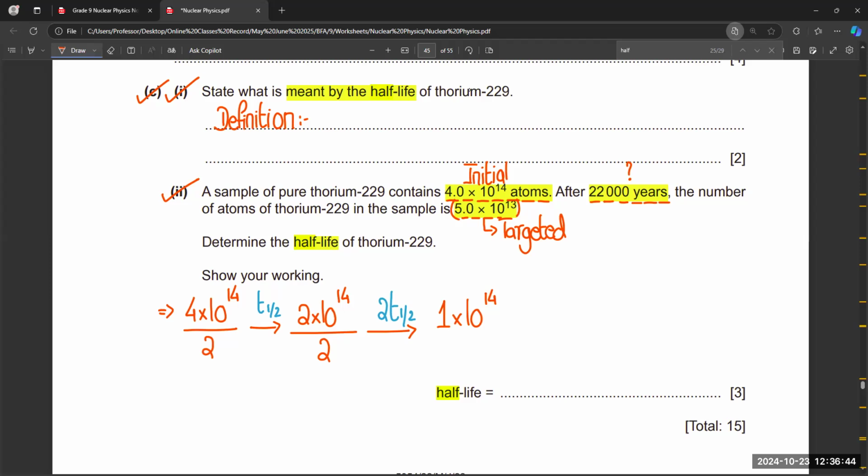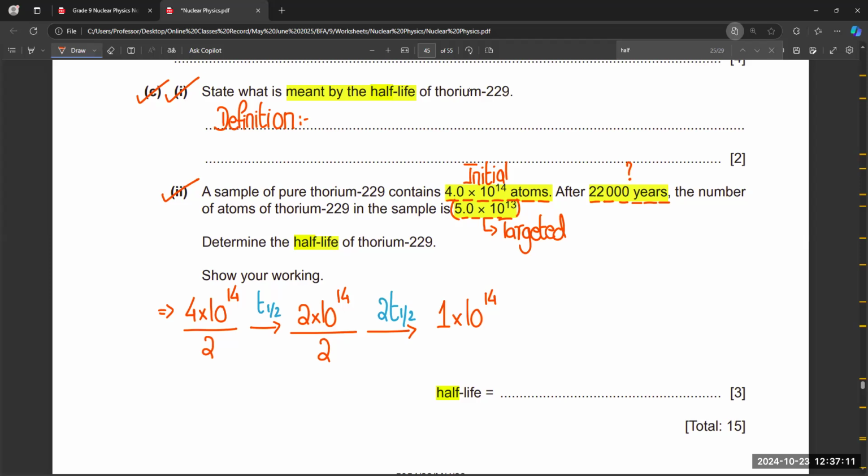Basically, whenever you get a question on half-life, and you don't know the values, the process is very simple. Consider the initial value, just like we did, and try to perform half-life one by one until you get your targeted value. You will get this targeted value, but you need to perform half-life.